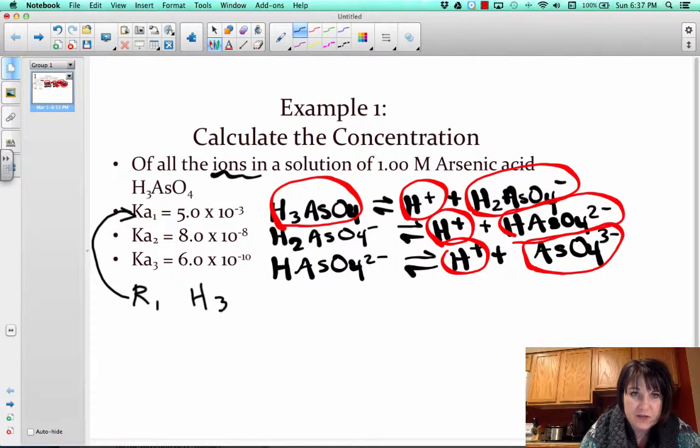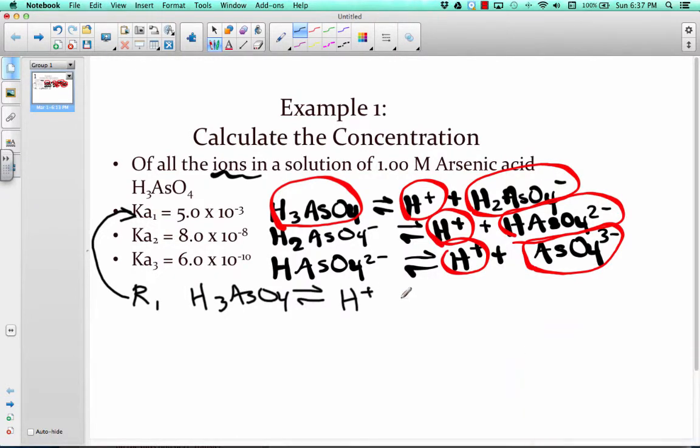So H3AsO4 reacts with water to form hydrogen ions, or hydronium ions, whichever way you want to write it, and the dihydrogen arsenate ion. My initial concentration is 1 molar, and of course for my products I don't have any yet.